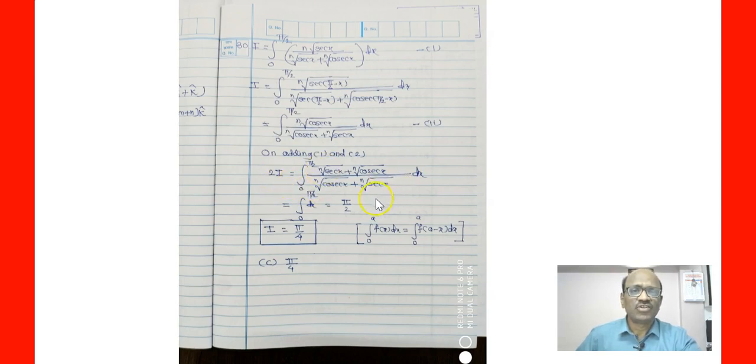The numerator and the denominator both are the same, then integral 0 to pi by 2 of dx, that is 1, and it is pi by 2. And hence 2I is equal to pi by 2, therefore I is equal to pi by 4. These are the questions whose answer is always a constant. It is in the form of pi by 2, pi by 4. Now next question.